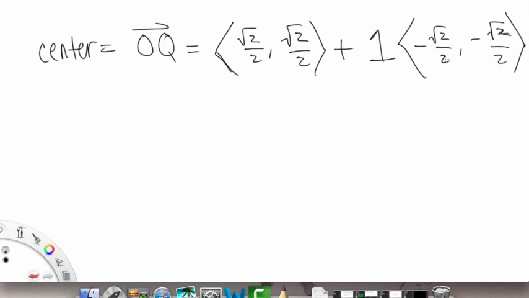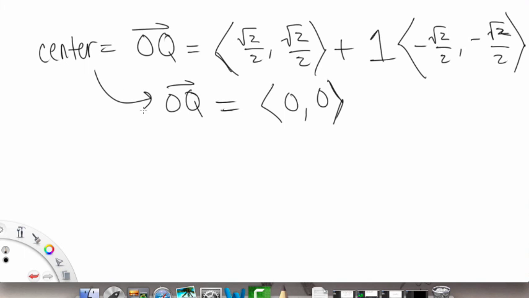As you can see here, when we add these across, we're actually going to get that the center itself is going to be at 0, 0. Not too exciting, but it's demonstrative of what we need to do for an osculating circle. So this is the center, and it just happens to be at the origin.